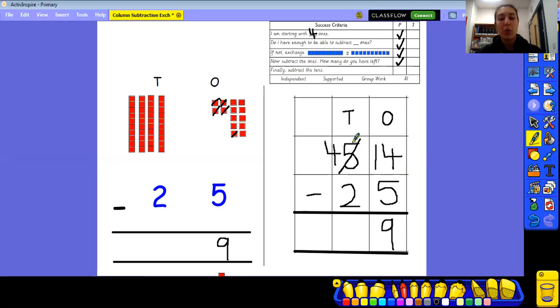Now remember, we don't have 5 tens anymore because one of those tens moved into our ones column to give us some more ones. So we've only got 4 tens left. And if I subtract 2 of my tens, that leaves me with 2 tens. So 54 take away 25 leaves us with the answer 29.